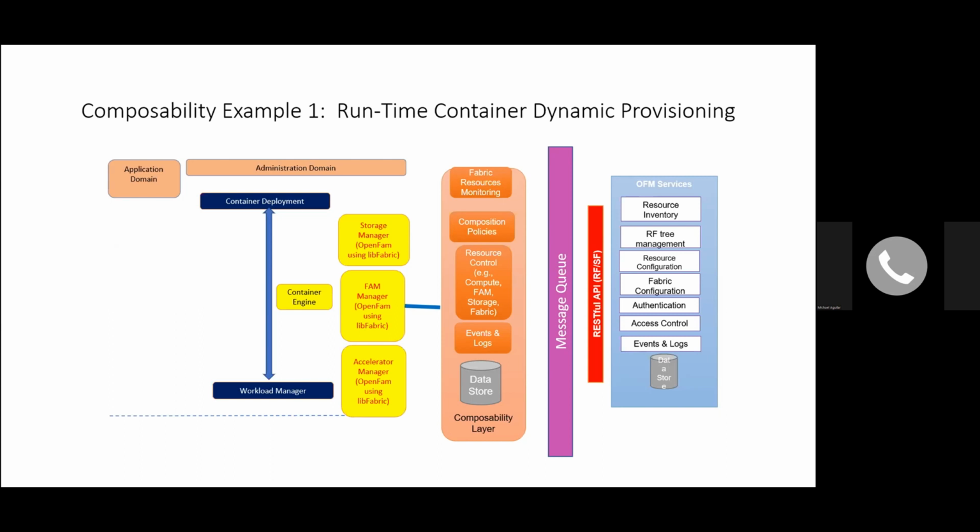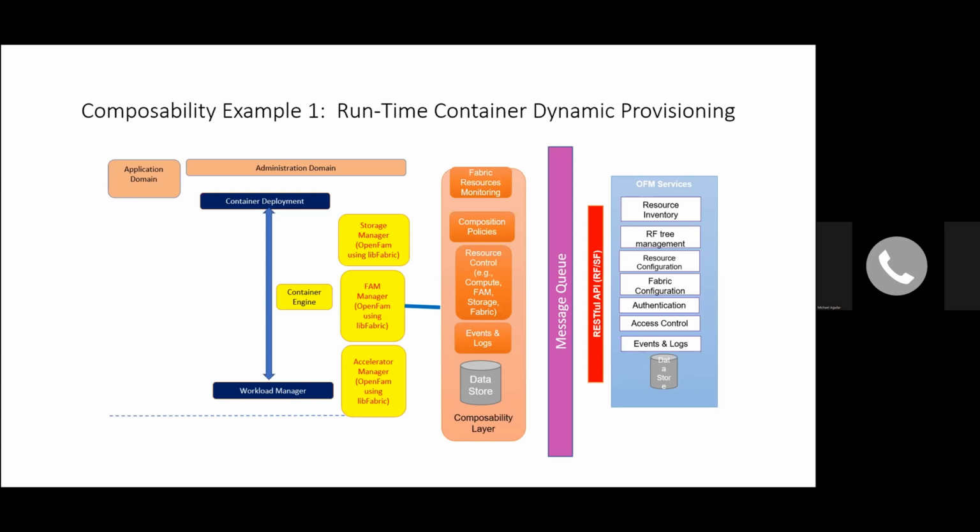The composition manager in turn queries through Kafka or, in this case, RabbitMQ or Kafka as a message queue because you want to be able to scale it. Goes out to the OFMF and says, hey, what's available to me? And then the OFMF says, oh, I've got these resources. We have these resources, and it says, okay, what's close to me? Tell me about these links, et cetera.